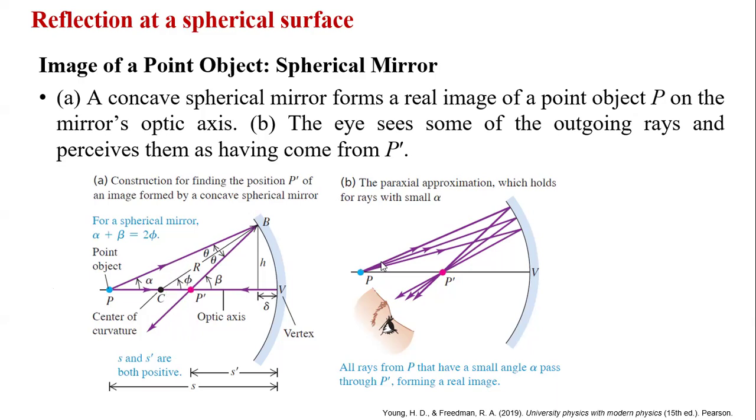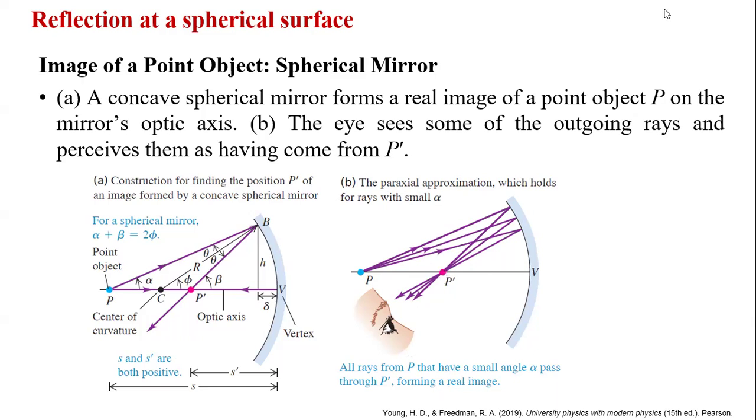For small angle alpha, in the paraxial approximation, for small angles, all of the light rays, as long as the angle is small, will actually hit the point P. Since the light rays are now passing through the point P, we call this image a real image.